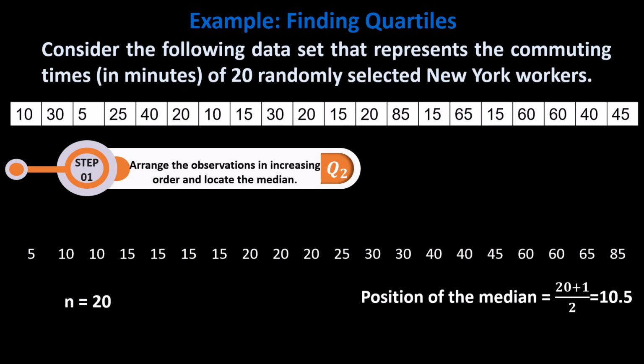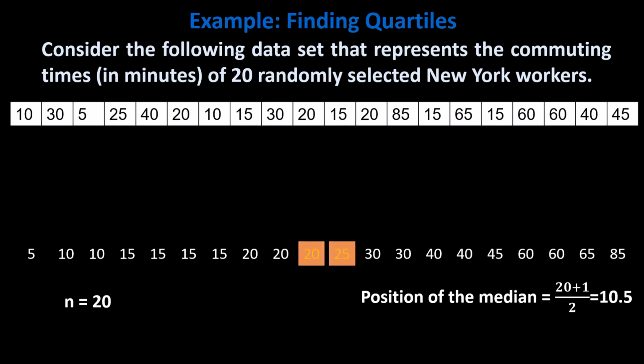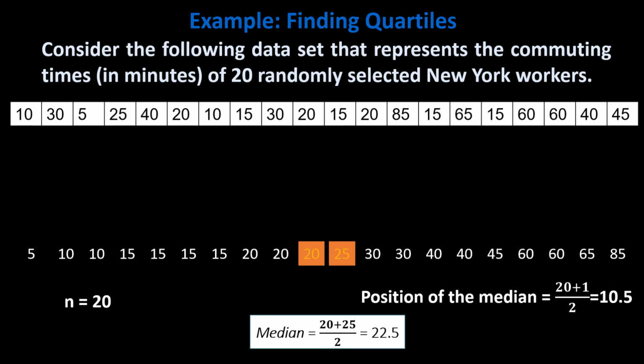Therefore, 20 plus 1 divided by 2, that is 10.5. Therefore, we have to consider the 10th and 11th observations and get the average of these two observations. Therefore, median is 22.5. Right, you understand this here. 22.5 is not in the data set.